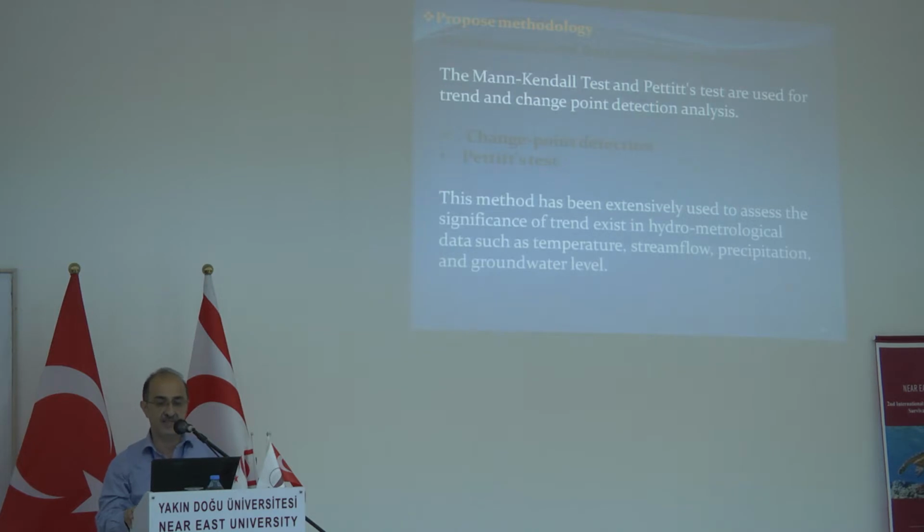Non-parametric trend test and change point detection. The Mann-Kendall test and Pettitt test are used for trend and change point detection analysis. Change point detection, Pettitt test. This method has been extensively used to assess the significance of trends in hydrometeorological data such as temperature, streamflow, precipitation, and groundwater level.